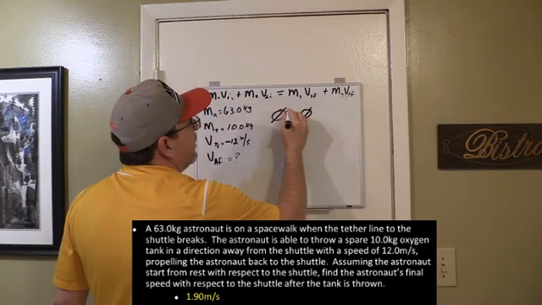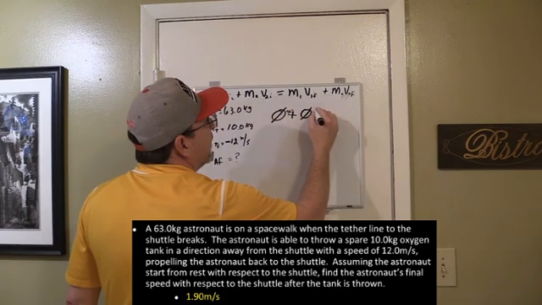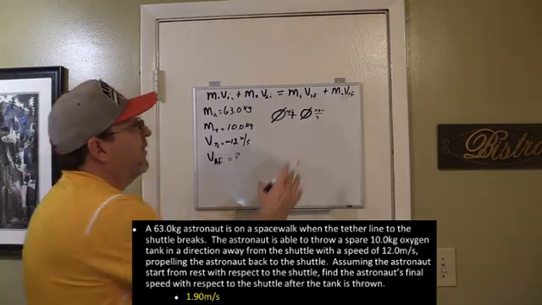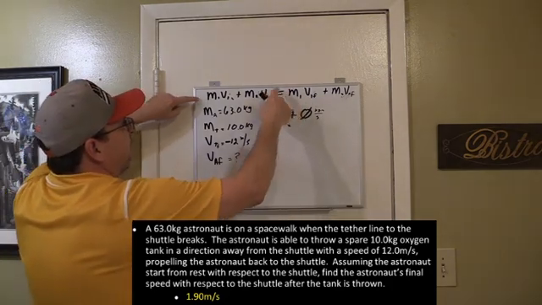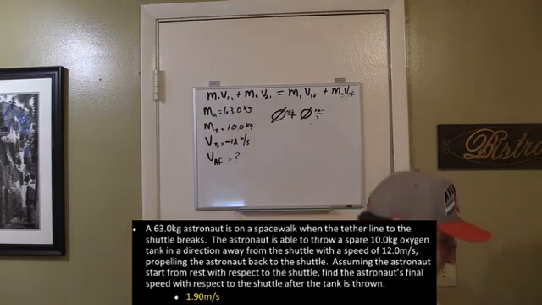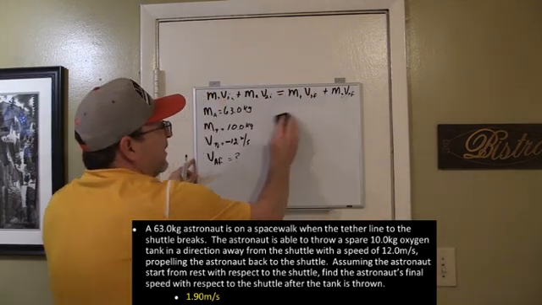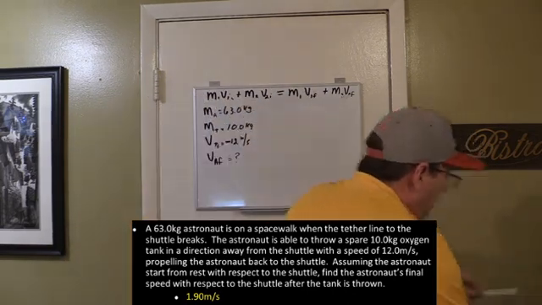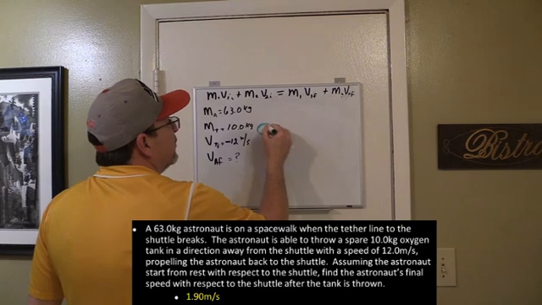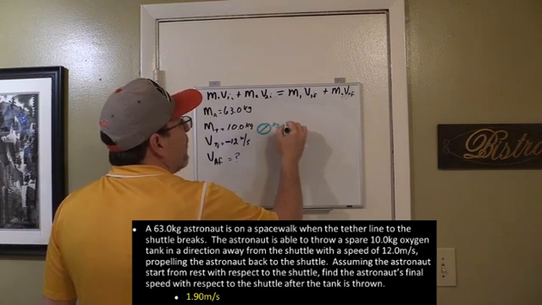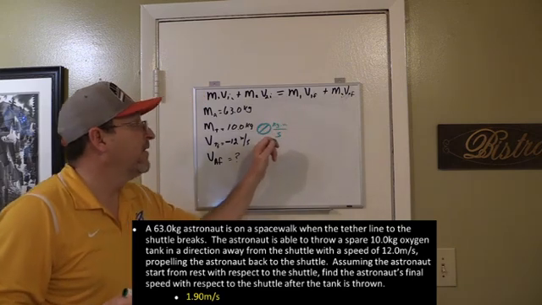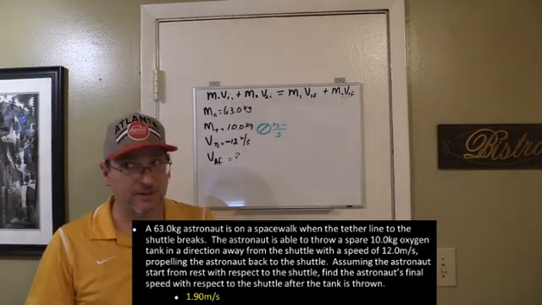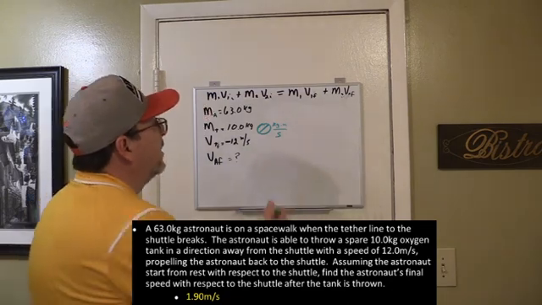Oops, I forgot my units, kilogram meters per second. So on this side of my equation, this is all going to be 0. Just for space, I'm going to erase this, and I'll change colors too. There's 0. That is the total momentum before, because they're not moving relative to the space shuttle.